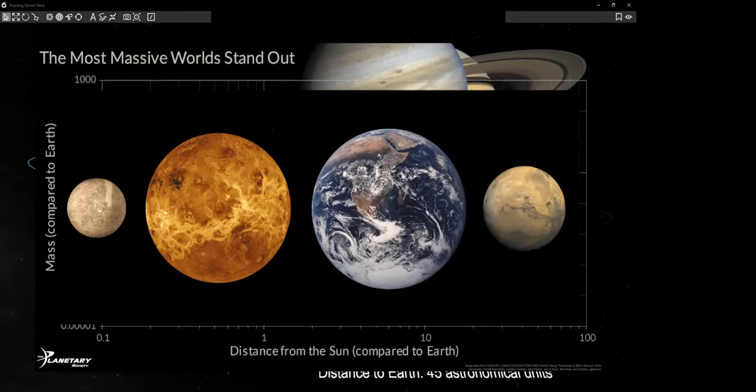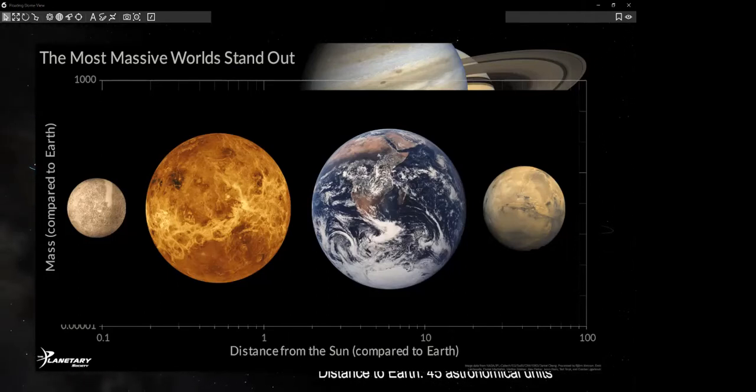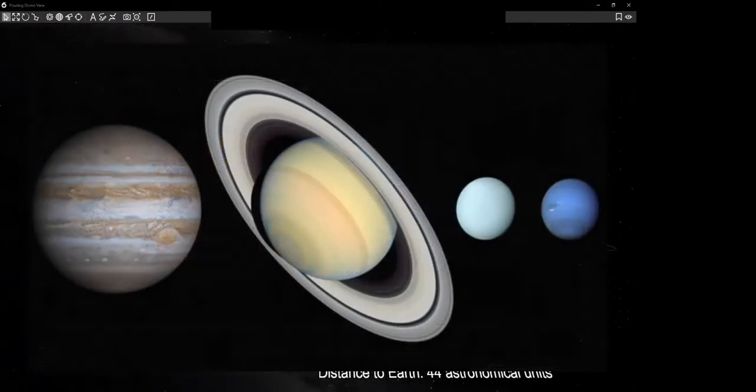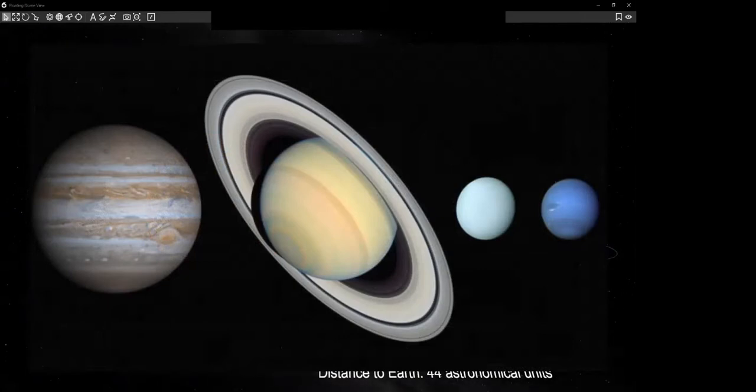And you have Mars, which is cooler than Earth and only about a third the size. Then you've got the Jovian planets: again, Jupiter, Saturn, Neptune, and Uranus.